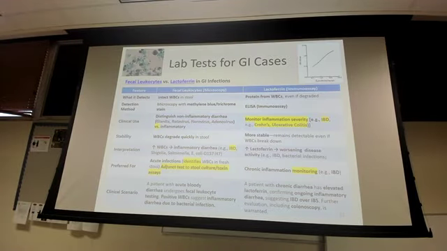All right, so here are some lab tests. Please make sure you're highlighting this slide because you will need to be able to differentiate fecal leukocytes versus lactoferrin in GI infections, okay? In fecal leukocytes, we're looking at this under the microscope, seeing intact white blood cells.